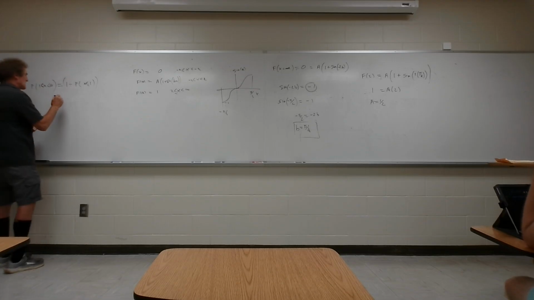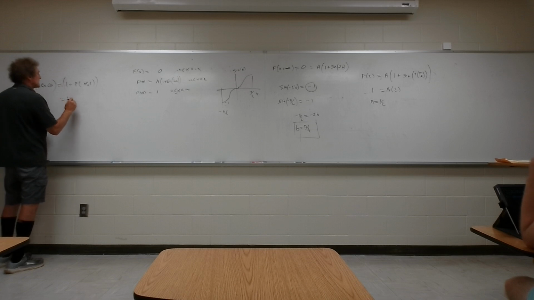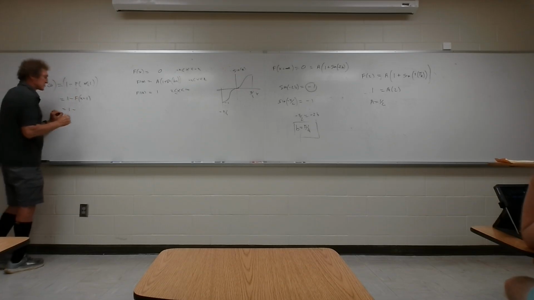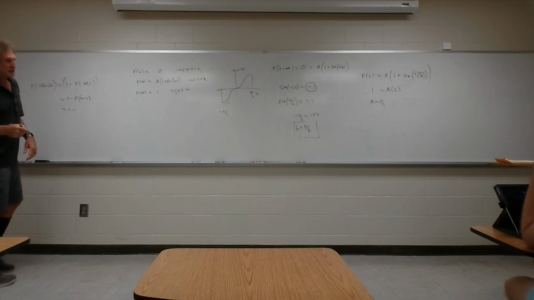So for this part right here, you got 1 minus, now that is the definition of f of x right there. So f of x equals 1, and that's 1 minus, and a is a half, isn't it? Yeah.